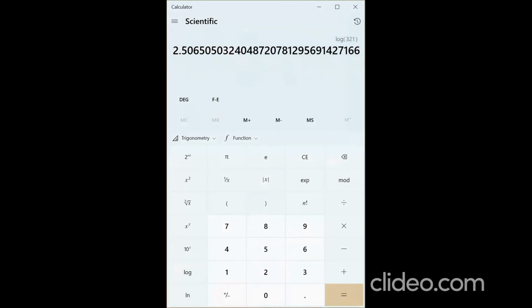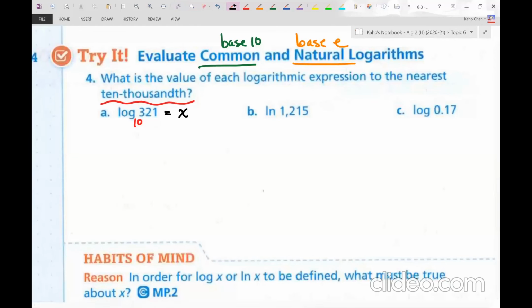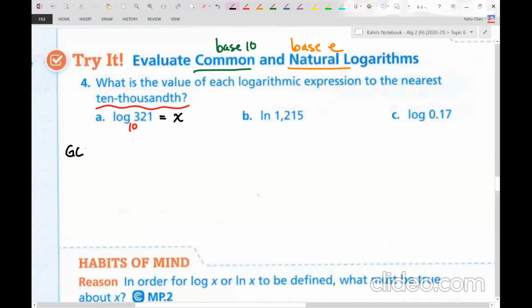Copy that over here. So with the graphing calculator, we punched that in and we got approximately 2.5065 is the answer. Remember what this means.